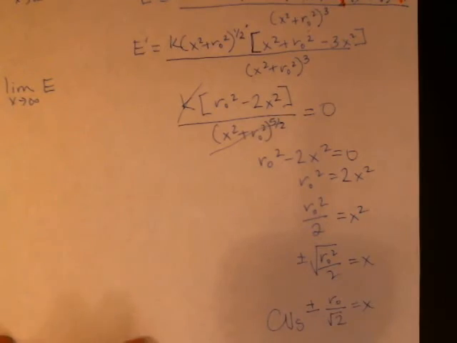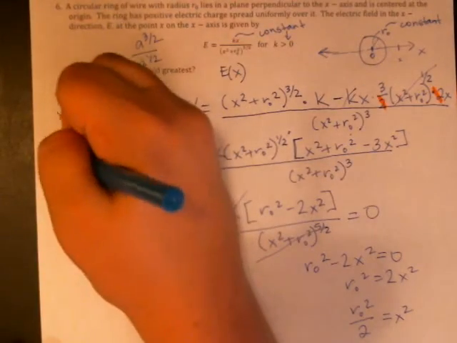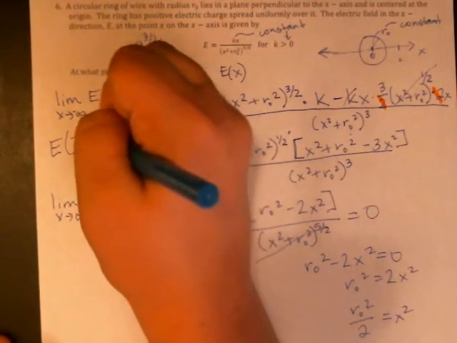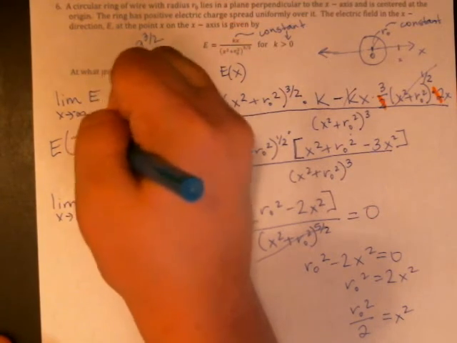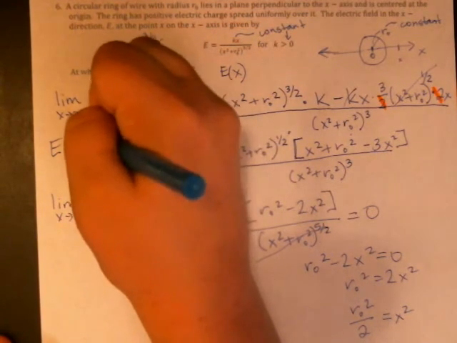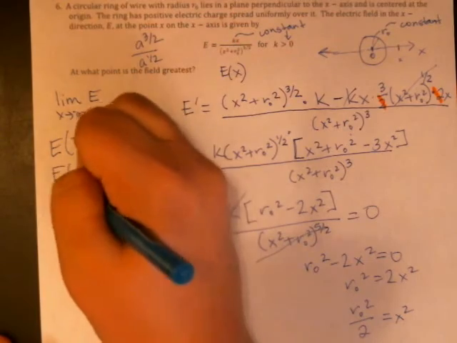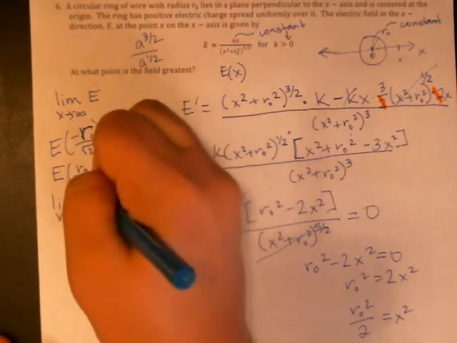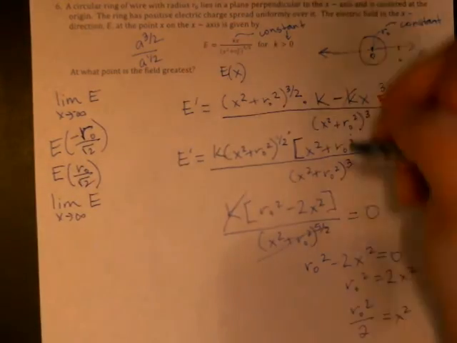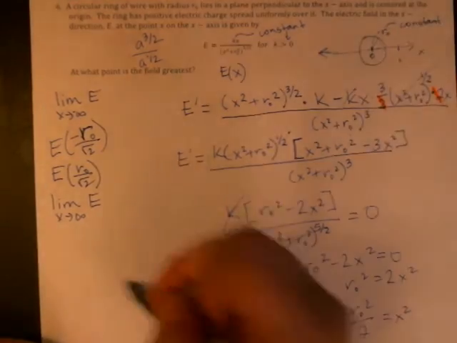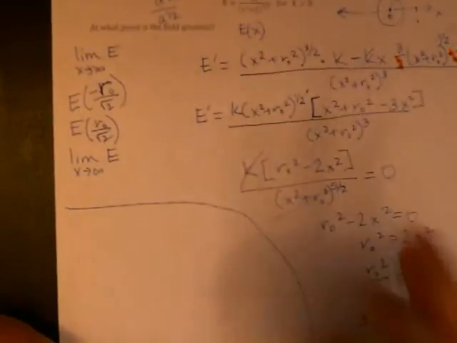Which means, back up here, I need to check E of negative r0 over the square root of 2. That's legible. And r0 over the square root of 2. Okay, so this, I didn't leave myself very good room, so we'll scratch work it right here.